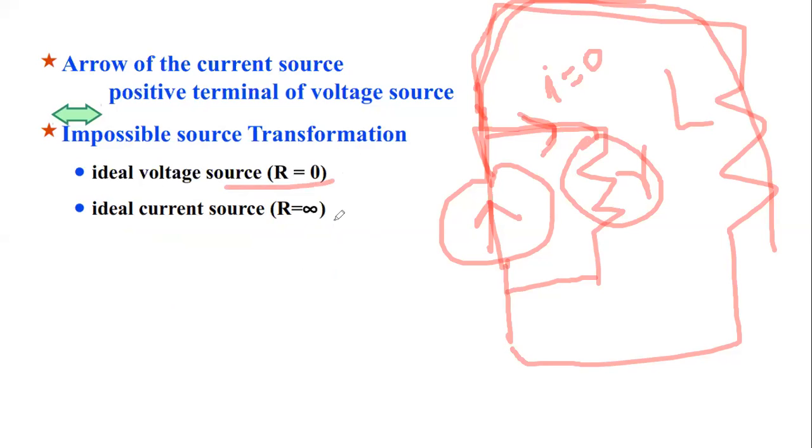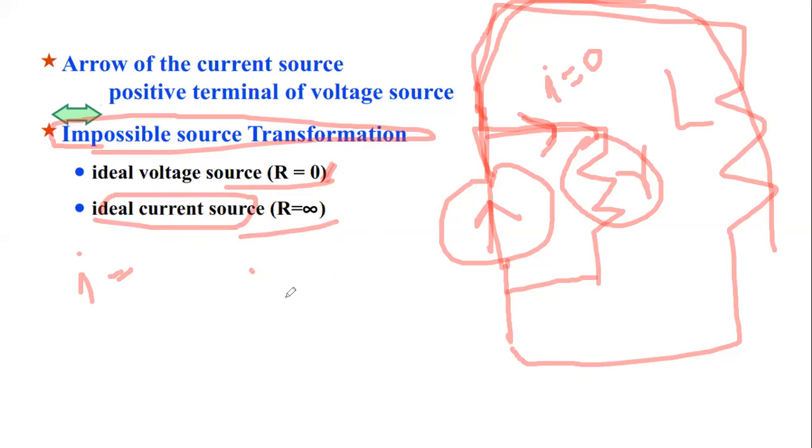If resistance is 0 or infinity, source transformation is impossible, because if you are finding current, it will be V by R. If R is 0 here, it will be infinity. Now in this case, if you are finding voltage from a current source, R is infinity, so again voltage will become infinite. This is not possible.